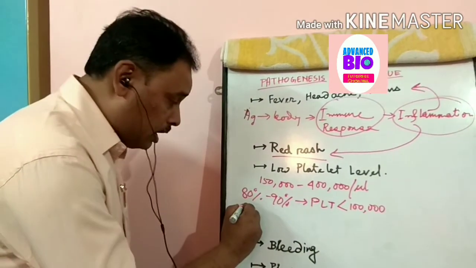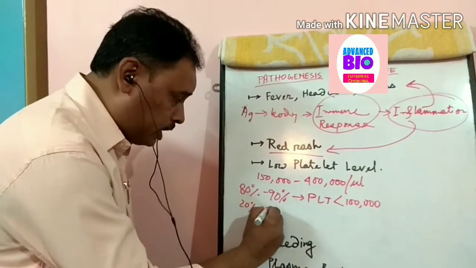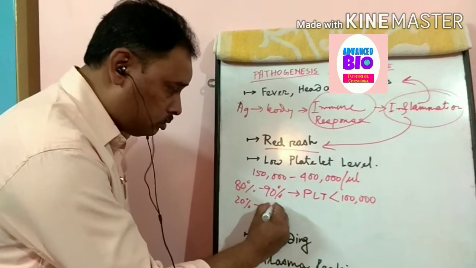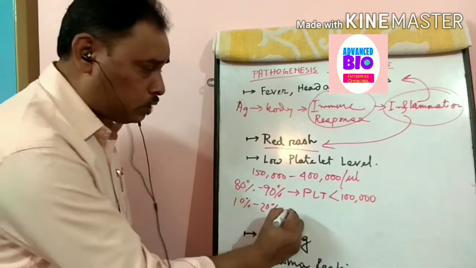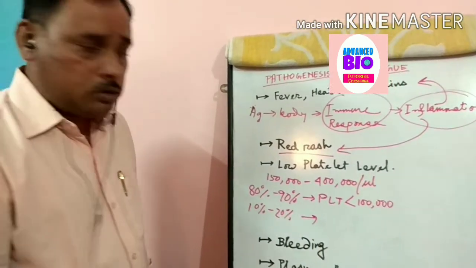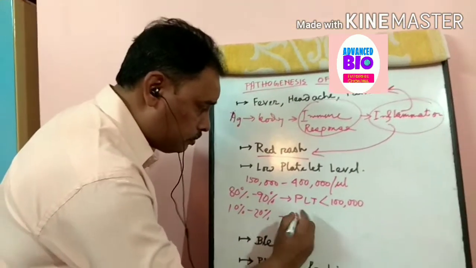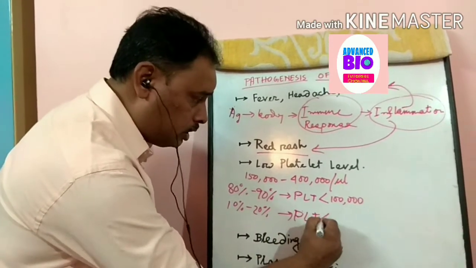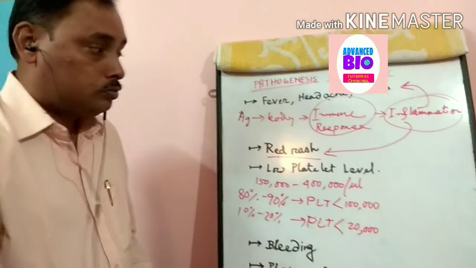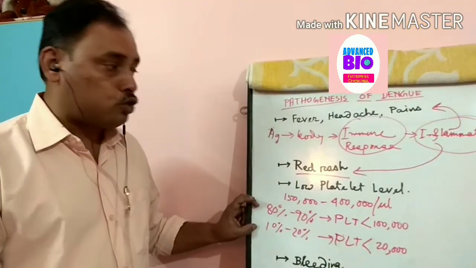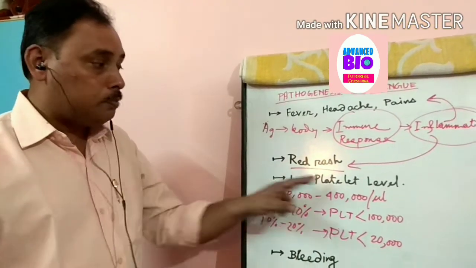And 10 to 20% patients, the PLT level is less than 20,000. Here is a huge dropping of platelet level.